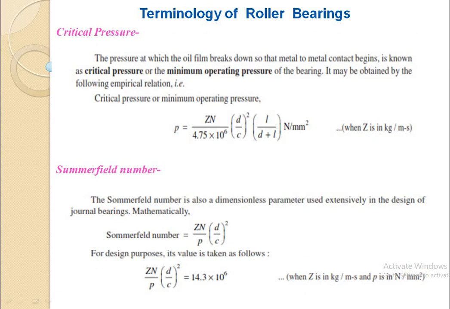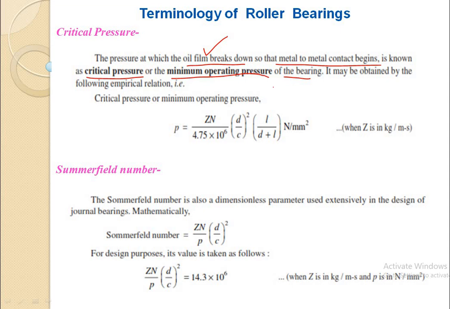Next is the critical pressure. The pressure at which the oil film breaks down so that metal to metal contact begins is known as the critical pressure or the minimum operating pressure of the bearing. We know that there is an oil film between the stationary part and the rotating elements to reduce friction, and the pressure at which that oil film breaks so that metal to metal contact begins is known as the critical pressure.